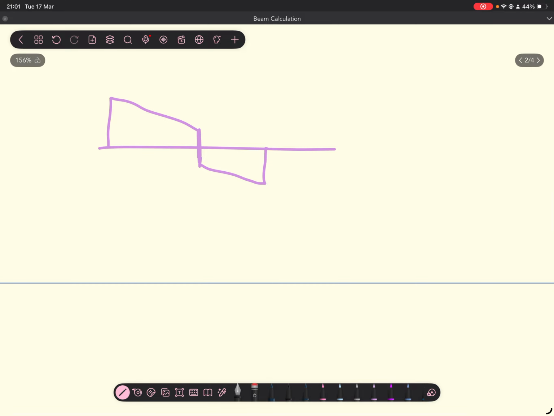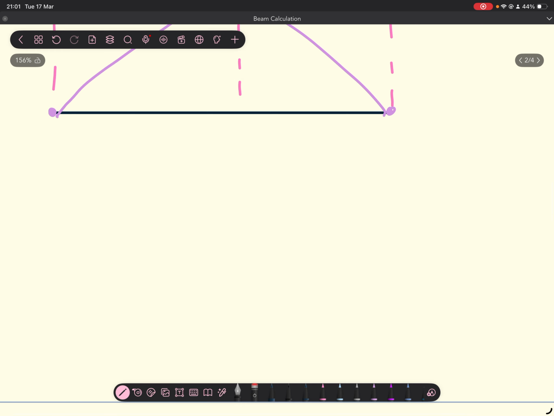So it's not one clean curve, it's like two squashed together. I hope that makes sense. Basically, you're going to have a sharper peak than you would if there were no discontinuities.